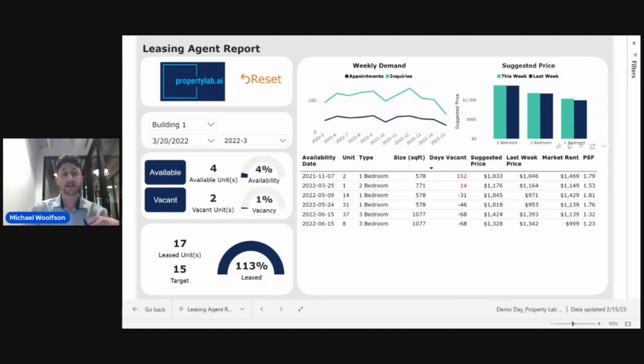So say you're a leasing agent, you log in the morning, you have a bunch of appointments, you're able to see, okay, I have these units available or vacant. This is the suggested price for them. Going to negotiate with the prospect to become a new tenant, this is what I can lease the unit for. You're also able to set targets for your leasing agents, which actually affect the price as well.